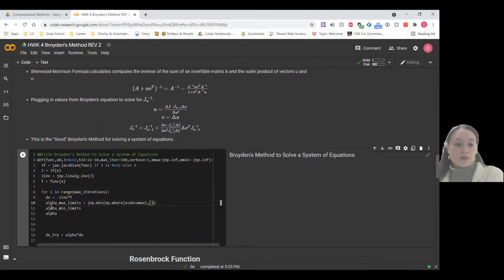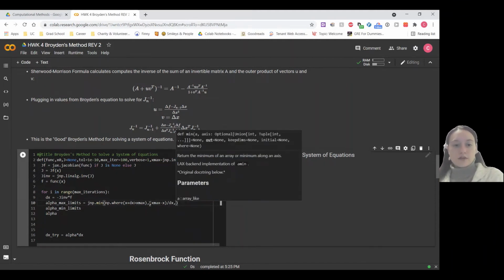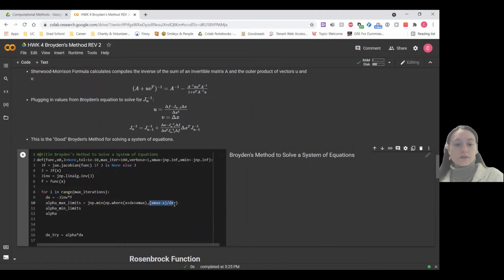So numpy where this is true, then we want to calculate alpha as the difference between our x maximum and our x value, divided by dx. So this will be our calculated value for alpha.